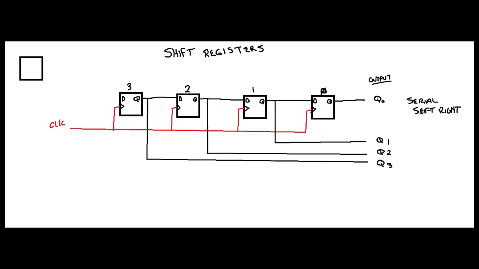So if we start out, suppose we have this here. This is Q0, Q1, Q2, Q3. Now, if we start with all of them as zeros, right?